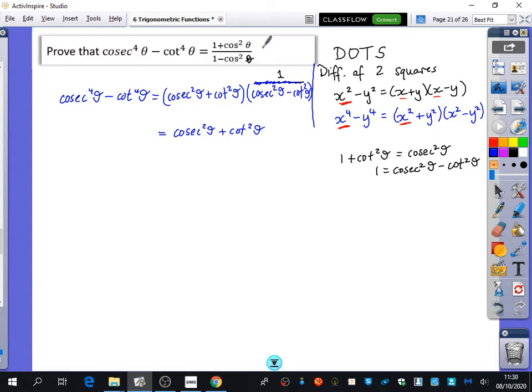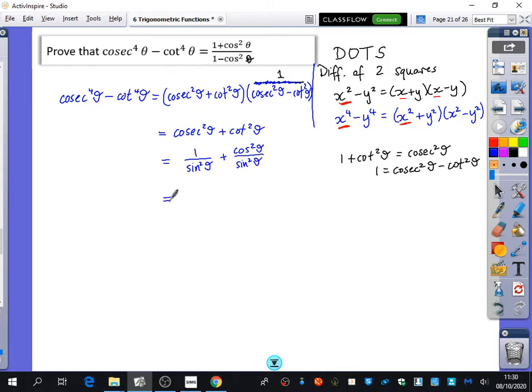So I'm going to go back to what the 2 previous tips were, which was write them in terms of sine and cos, and then see what can happen. So cosec squared is 1 over sine squared, and cot squared is cos squared theta over sine squared theta.